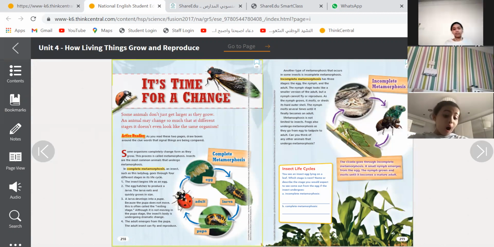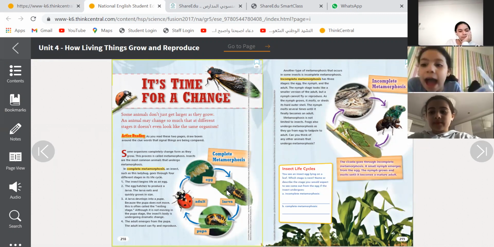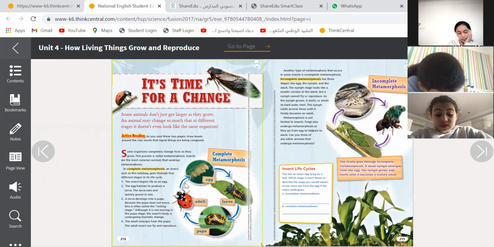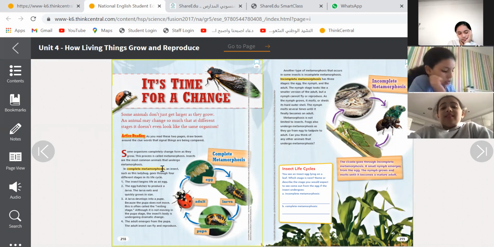When it's 4 different changes, we call it a complete metamorphosis. Look at the larva when it hatches from the egg. Does it look like the pupa? No, not at all. The pupa, does it look like the adult? No, not at all. So it is a complete metamorphosis.